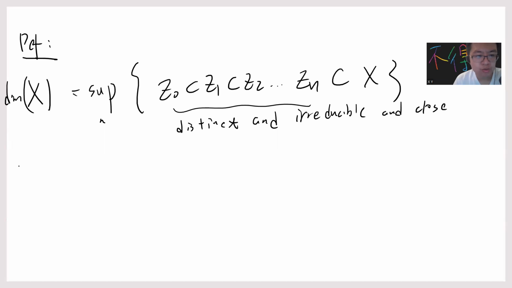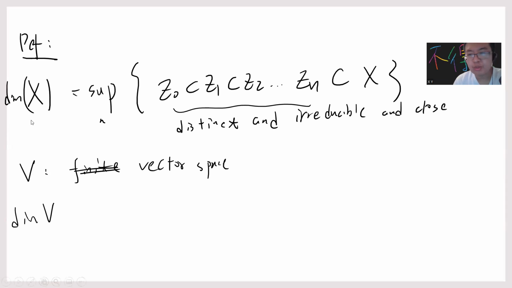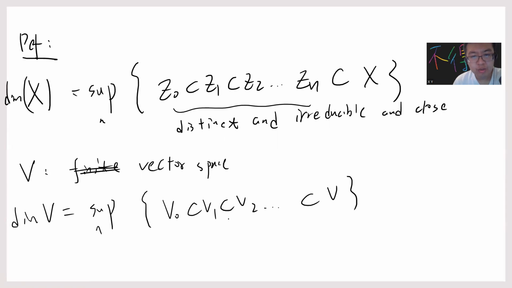For example, let's say V is a vector space. Another simple definition is that you can define the dimension of V to be the supremum of n such that there is a chain V0, V1, V2, up to Vn, and you require that these are all different vector spaces, and they are all inclusive.